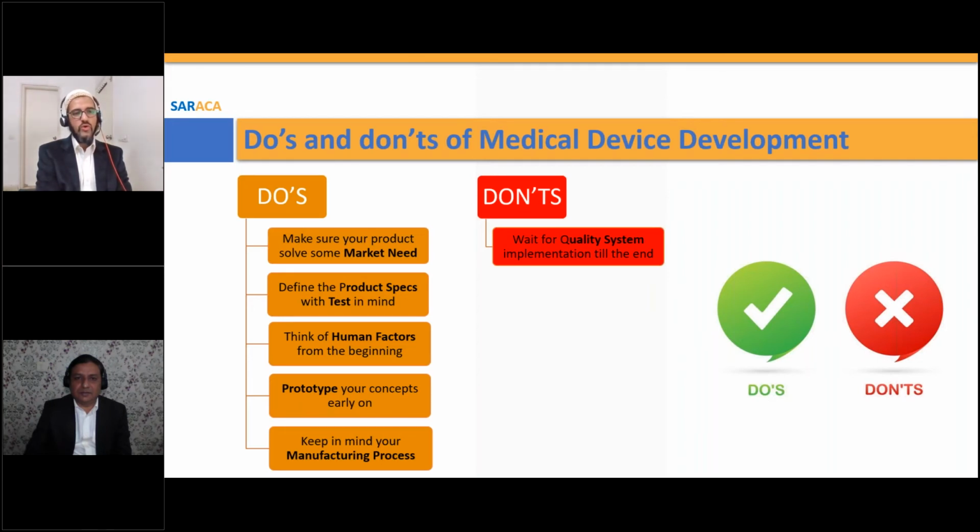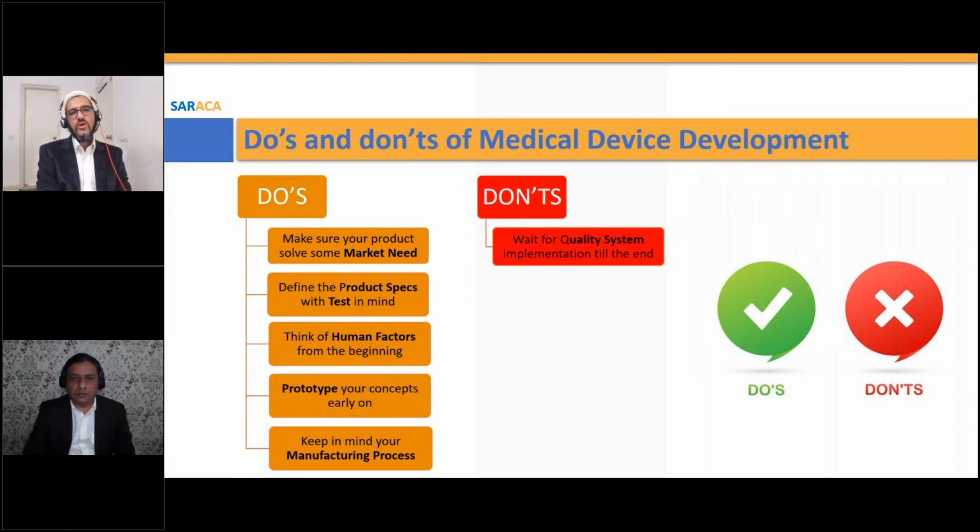For example, you have a very nice product in the end, but if certain things are missing, or you're not following certain quality systems or regulatory requirements, then all the efforts you have put into developing that product might go down the drain. So it's very essential to keep the quality system from the start.